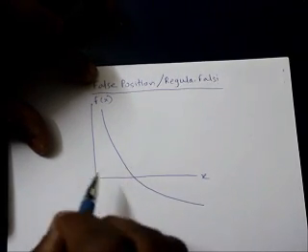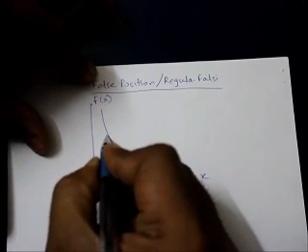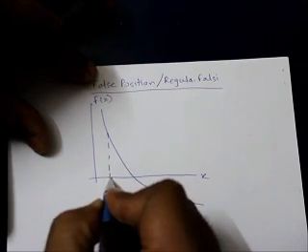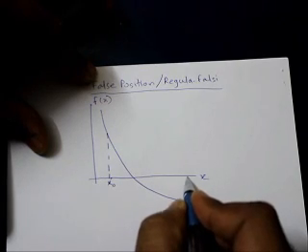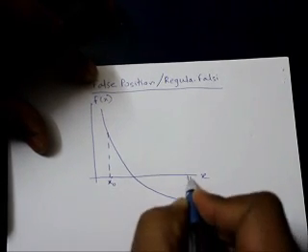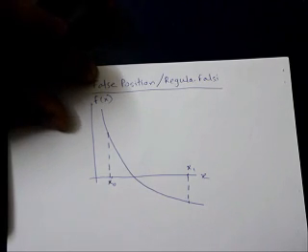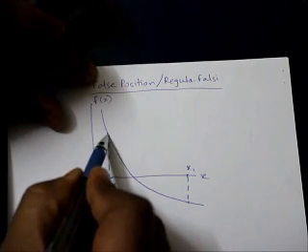Okay, what we have to do is find a root of this equation within the bracket x0 and x1.